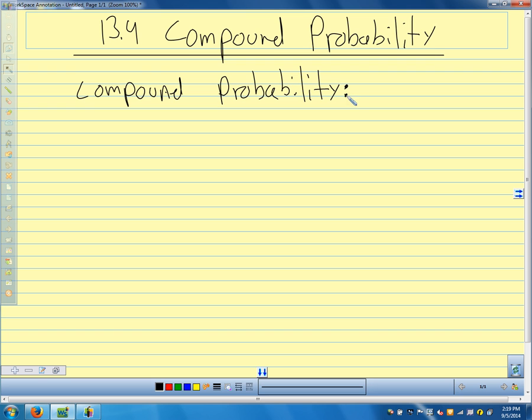Thinking of science class, when you talk about a compound, what are you talking about? Multiple things, right? Mixed together. Same idea here. Compound probability is, we're talking about two or more events.